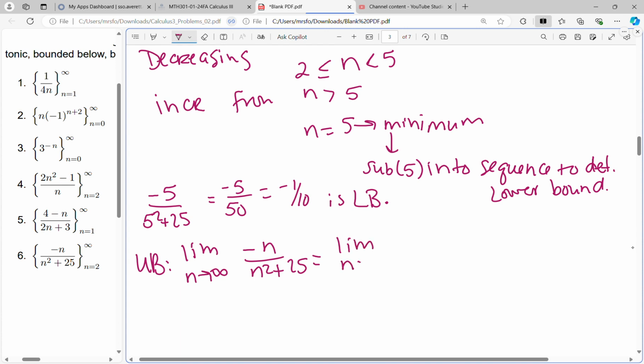Dividing by n squared, we know that the numerator approaches 0 and the denominator approaches 1. So the limit is 0, so that's our upper bound. The upper bound is 0.